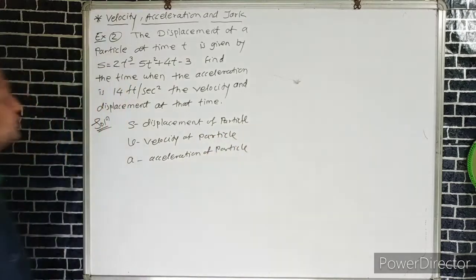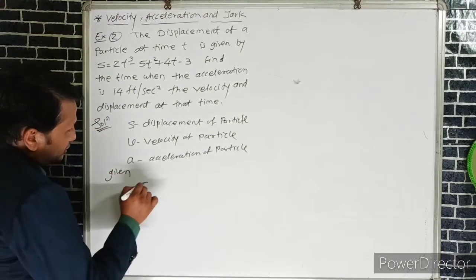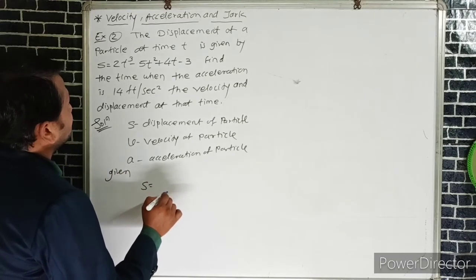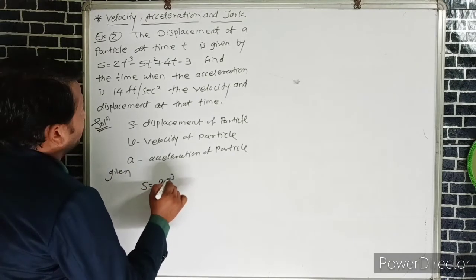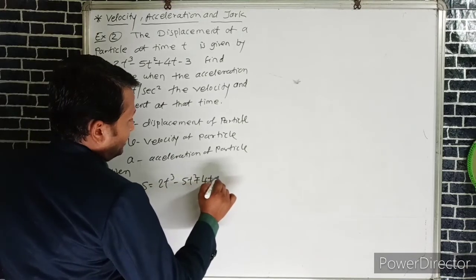So here given that displacement s = 2t³ − 5t² + 4t − 3.